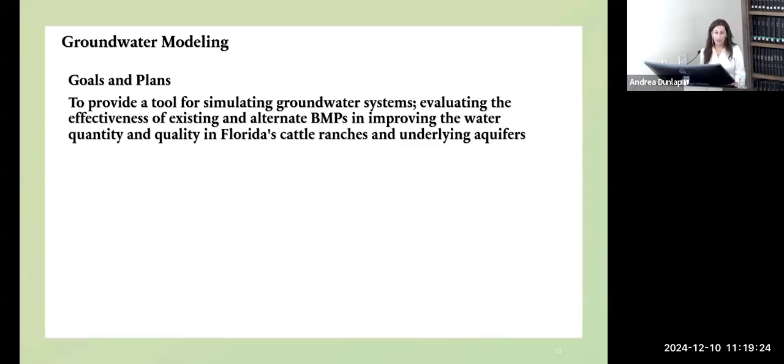So here we define the main goal for our groundwater modeling work: to provide a tool for simulating groundwater systems, evaluating the effectiveness of existing conditions and alternate best management practices to improve the water quality and quantity here in the basin.